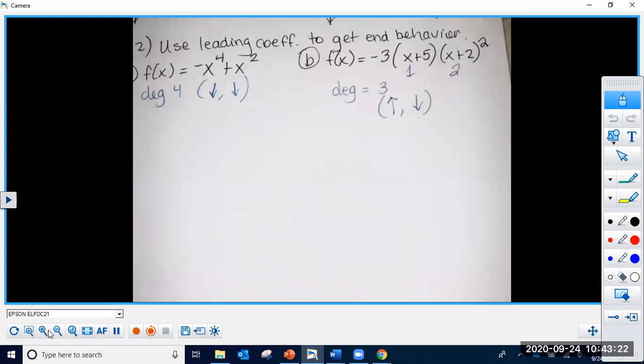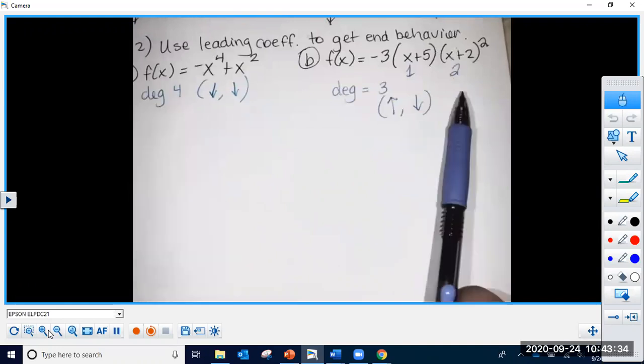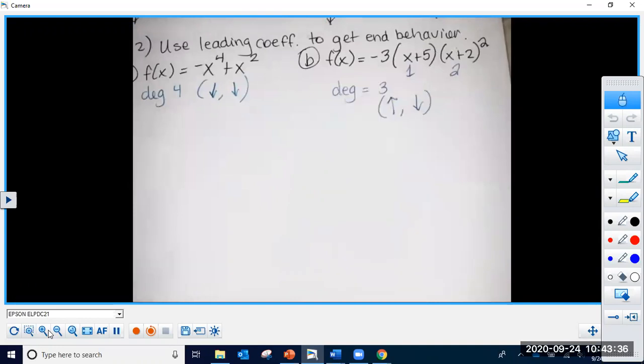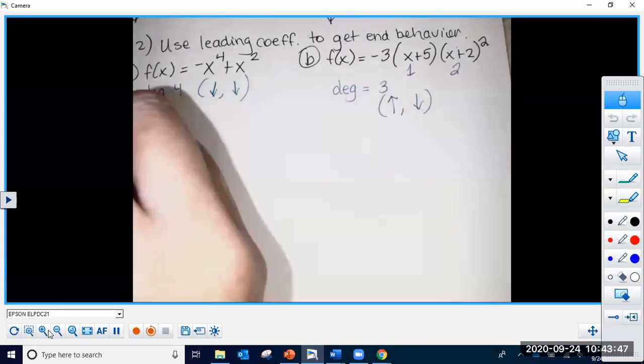Okay, one more quick thing to talk about, and then we're going to actually graph some, and that is the x-intercepts and what that tells you. So now we know how to use the leading coefficient. We're going to use that end behavior to help us graph. The next part, we're also going to find the x-intercepts for every polynomial and use the behavior at that point on the x-axis to sketch our graph.